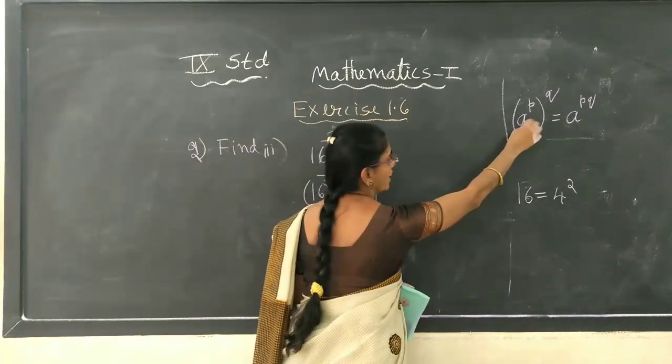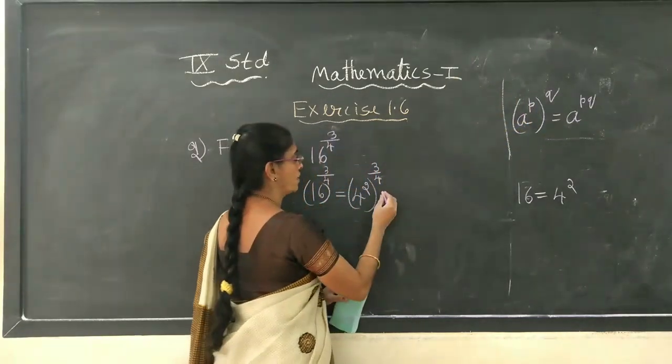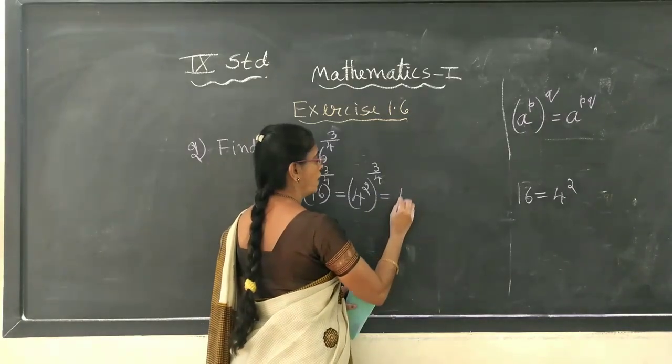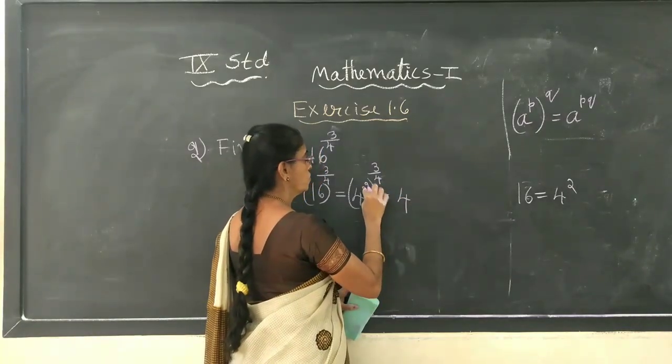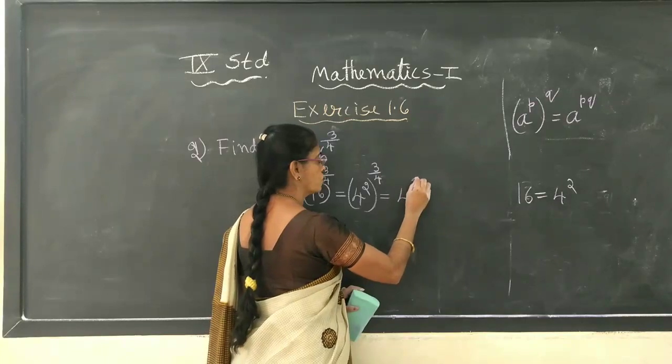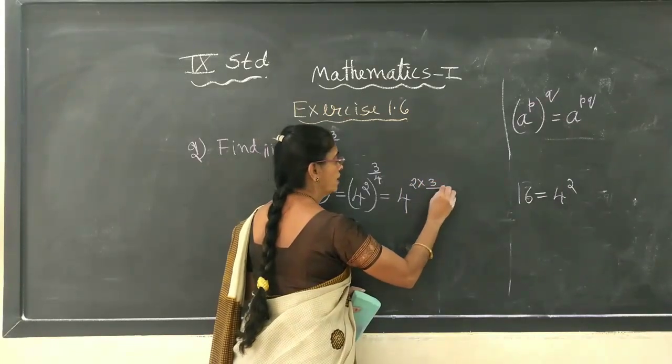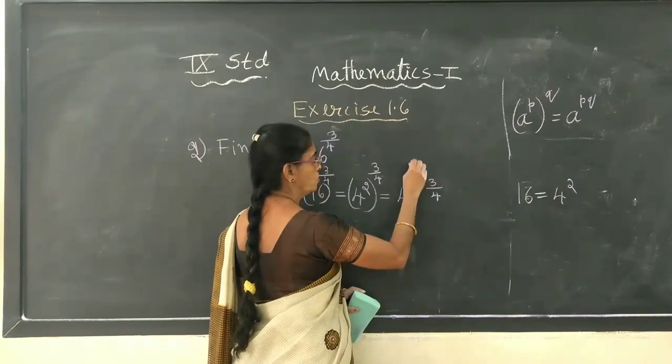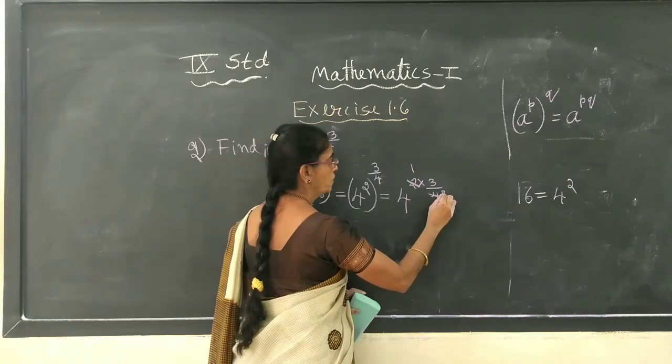Apply this rule again, a to the power of p to the power of q is a to the power of p into q. So it is 4 to the power of 2 into 3 by 4. 2 ones are 2, 2s are.